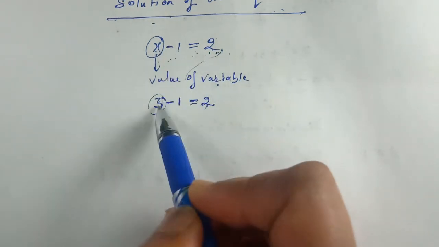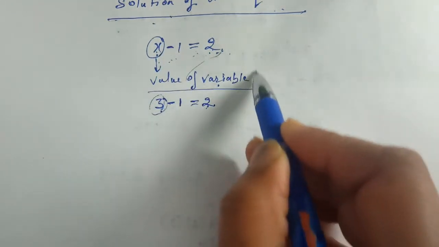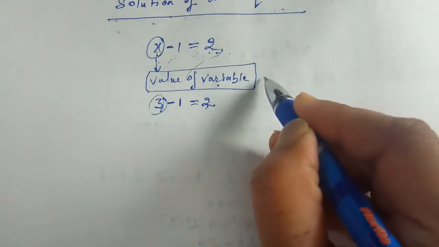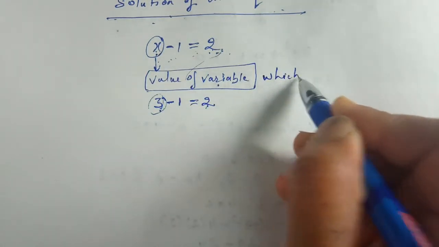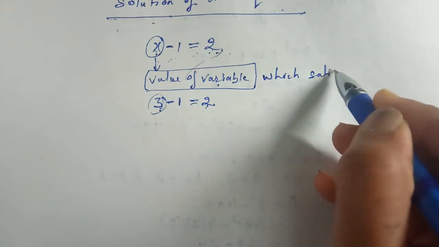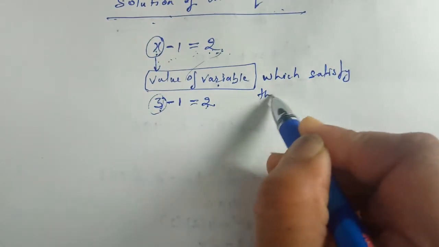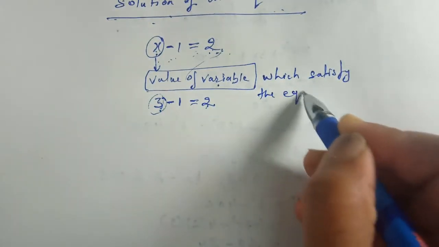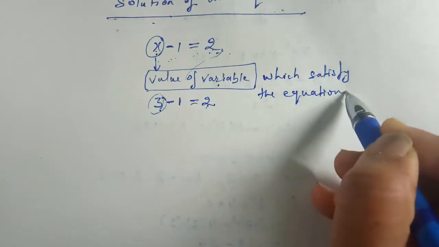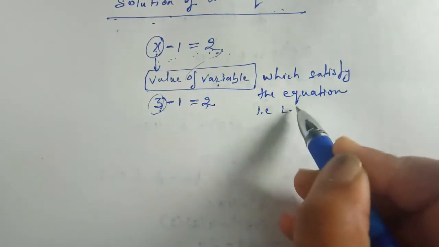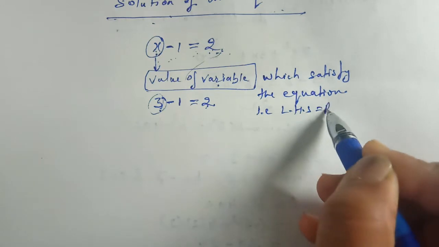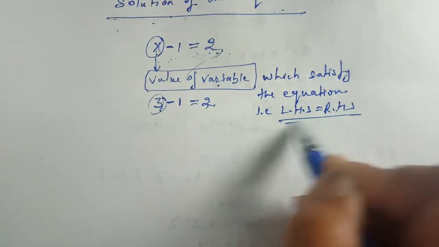So solution of an equation means the value of the variable which satisfies the equation. The word satisfy means the left hand side is equal to the right hand side.